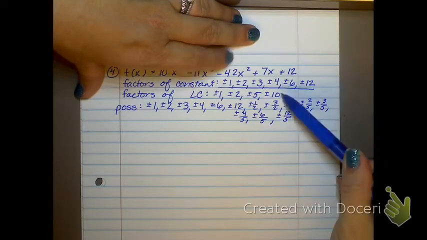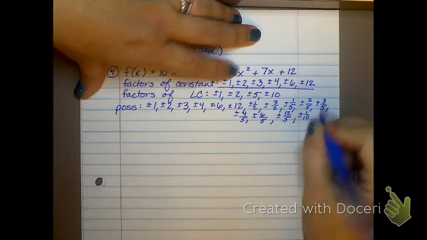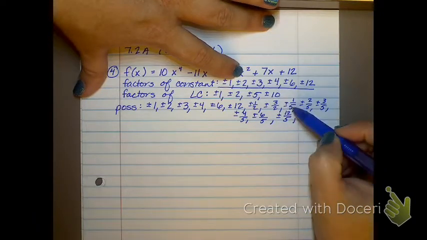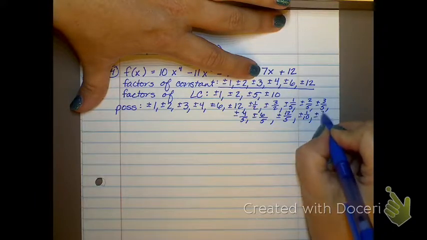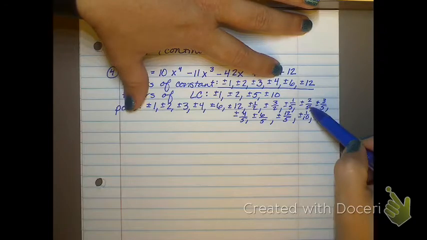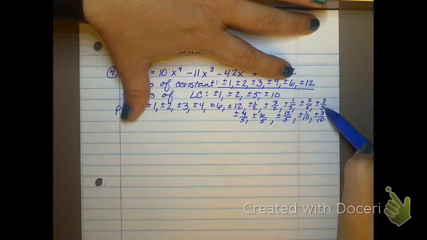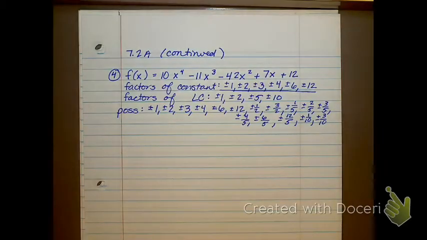And now I put them all over 10. 1 over 10. What about 2 over 10? That's 1/5. 3 over 10. Got to add that one. 4 over 10 is 2/5. 6 over 10 is 3/5. And 12 over 10 is 6/5. So everything else is there. That is a ridiculously long list, isn't it?